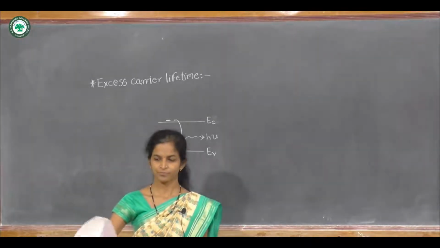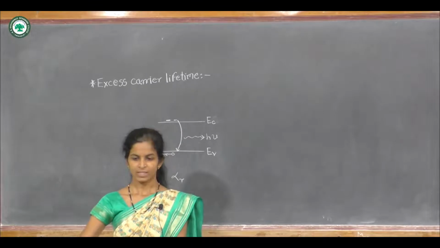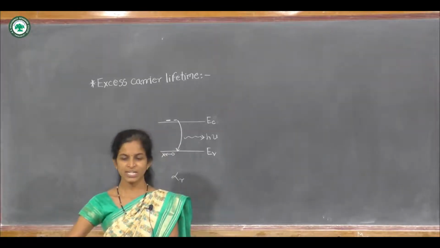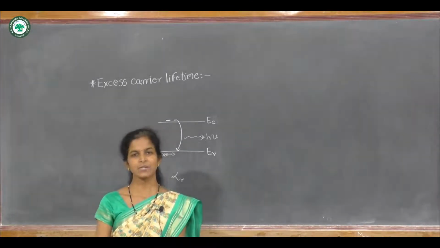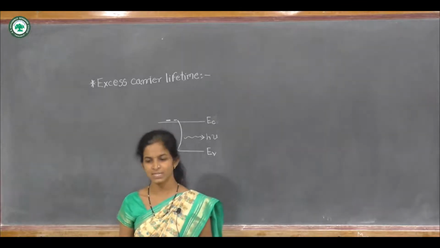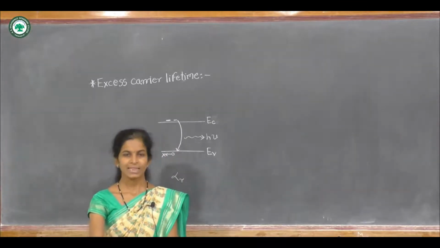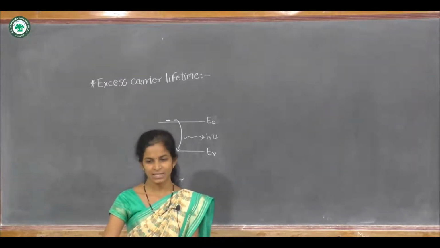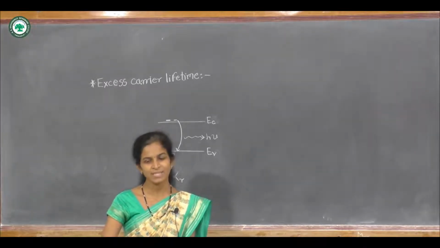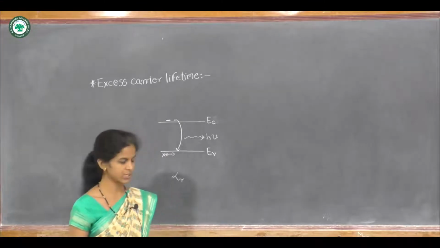So the net rate of change in the conduction band electron concentration is the thermal generation rate, alpha r ni square, minus the recombination rate.